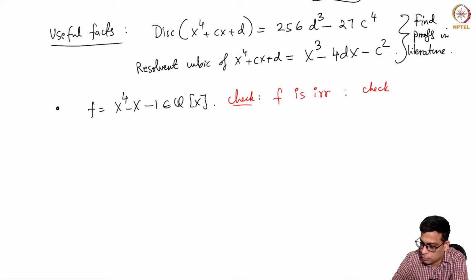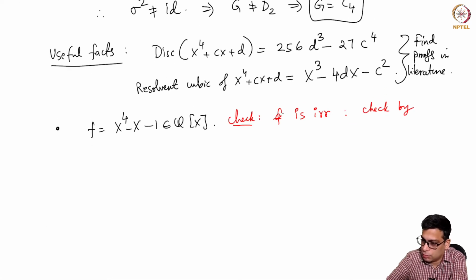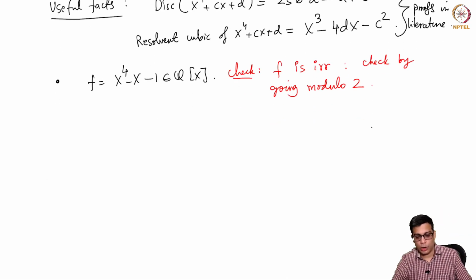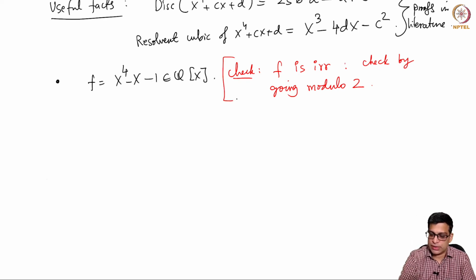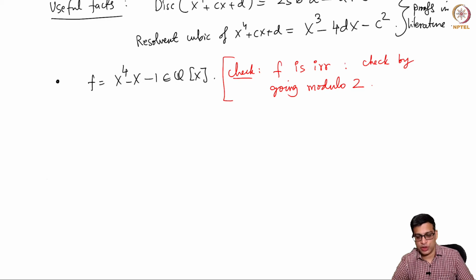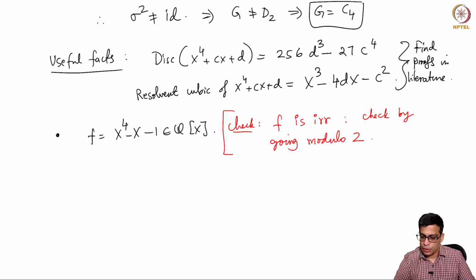Check by going modulo 2 and show that that polynomial is irreducible. It's not enough to show that it has no roots, right? Because it's degree 4. First you have to show it has no roots, then it can split potentially as a degree 2 times degree 2. You show that that's not the case modulo 2. So this is an exercise for you. So this is an irreducible polynomial of this form.